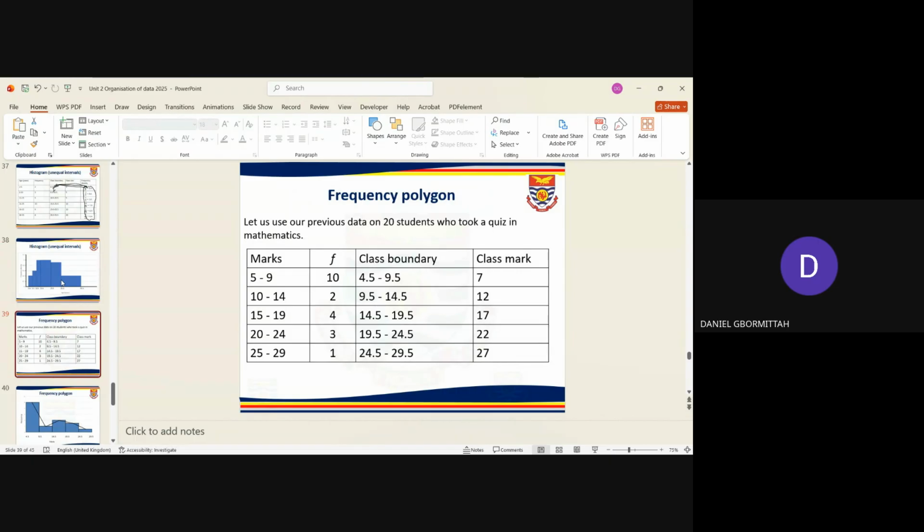Frequency polygons. We come to frequency polygons. For frequency polygons, just like the way we drew the histogram, we are going to have lines on the histogram. So here we have the class boundaries, then the class mark.